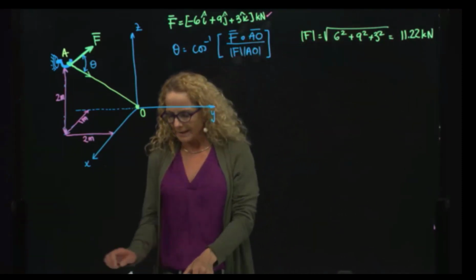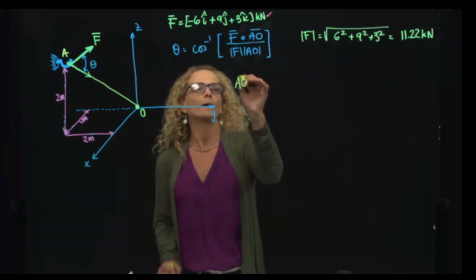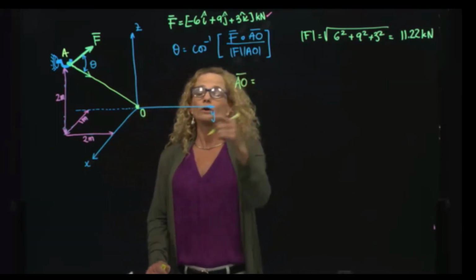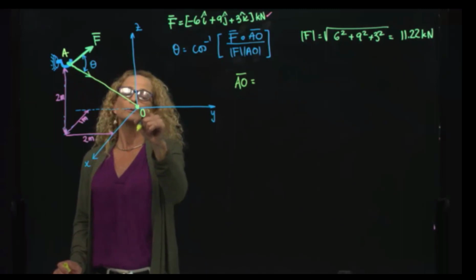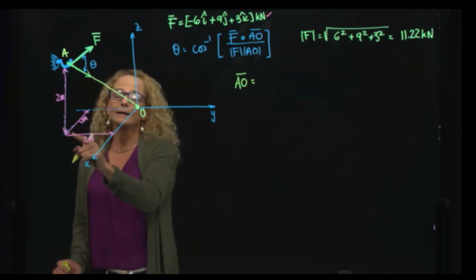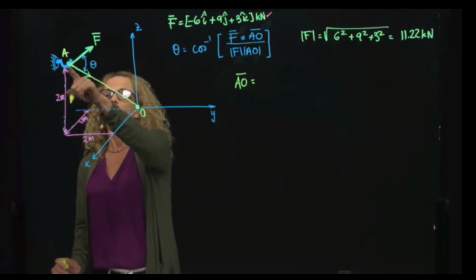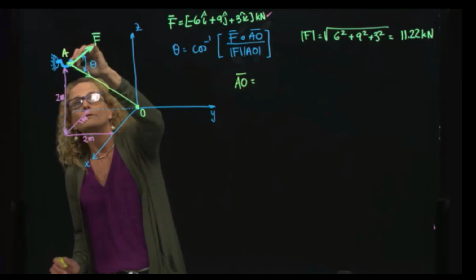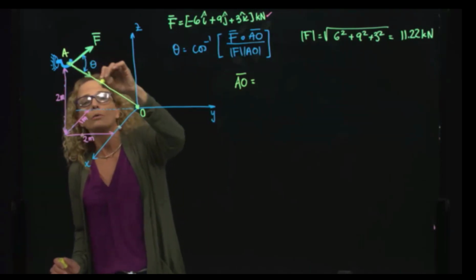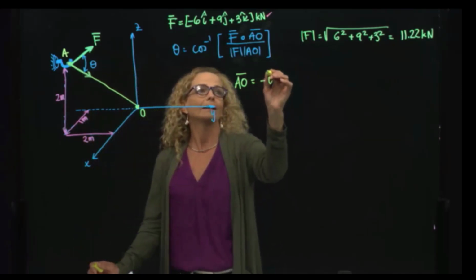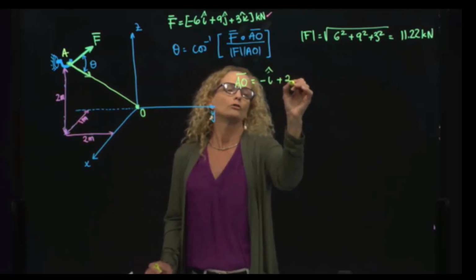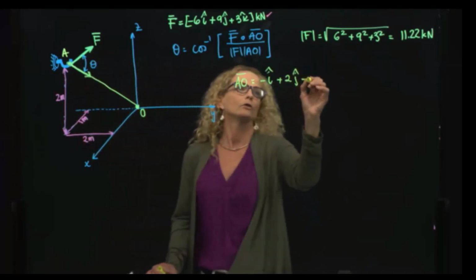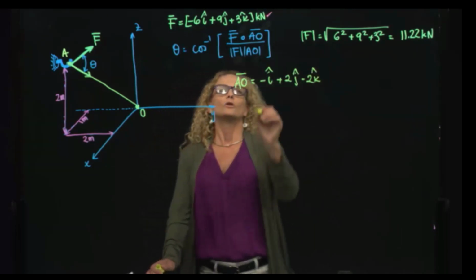So we already found the vector F and the magnitude of the vector F. Now we have to find the vector AO, right? The vector AO is the opposite of the position vector of point A. The position vector of point A will be 1 in I, negative 2 in J, and positive 2 in K. But since we are going from A to O, then we go negative 1 in I, positive 2 in J, and negative 2 in K. So we already have this vector.